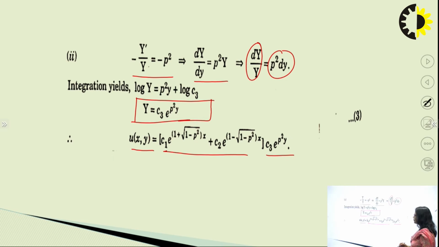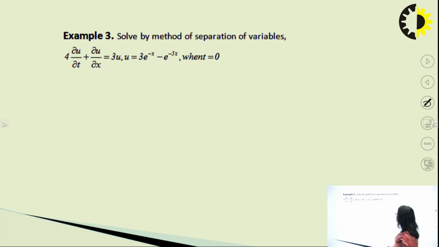Now, there can be a possibility that in the first example, we were given the initial condition as u(x, 0) in this form. In this form it was given, but instead of this form, some other process can be used to write the initial condition. So let me consider the next example.